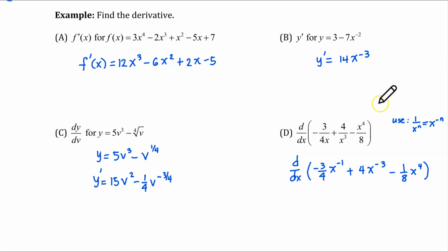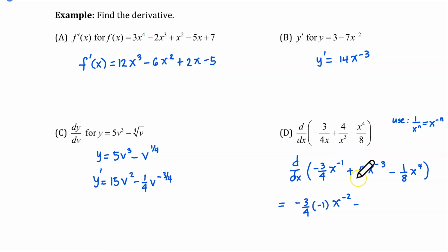Then you differentiate each term of the expression here. So the derivative will be negative 3/4 times negative 1. So you multiply the constant here and the power here, and then you subtract 1 from the power here. Negative 1 minus 1 is negative 2.